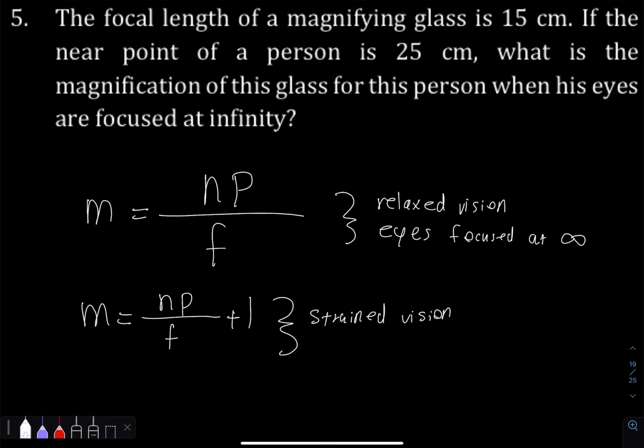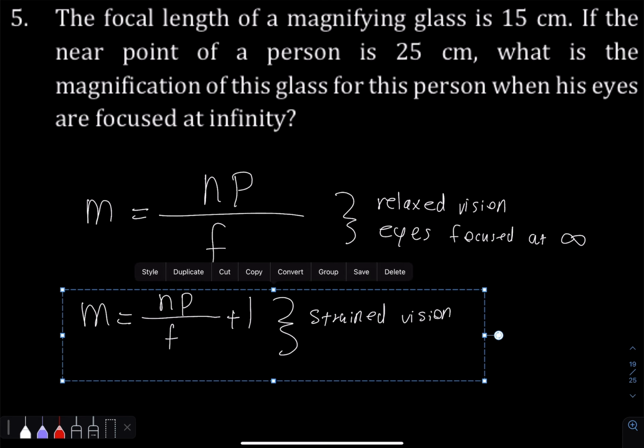If you consciously try to focus on it, that's called strained vision. And if you just look at it and it looks blurry to you and you don't care, that's called relaxed vision. If you move your finger kind of close, it'll get blurry. But then if you really focus on it consciously, you'll be using strained vision. In this case, we use relaxed vision, because that's what the problem gives us.